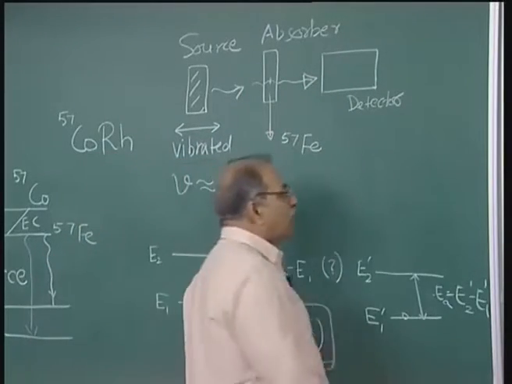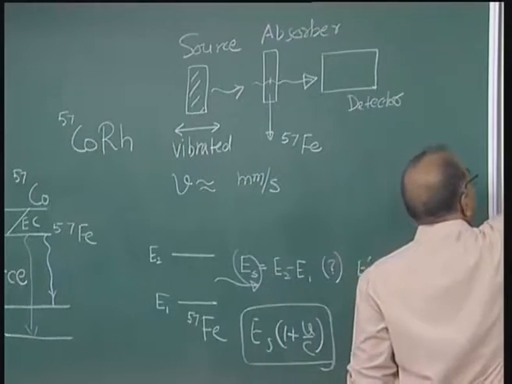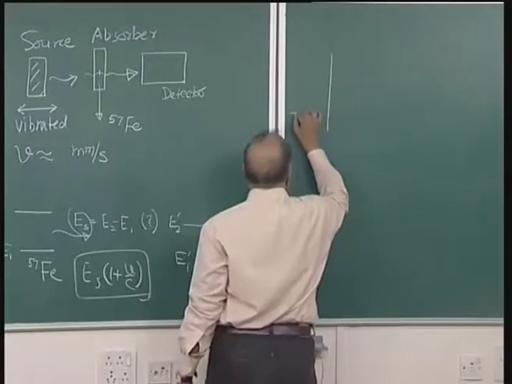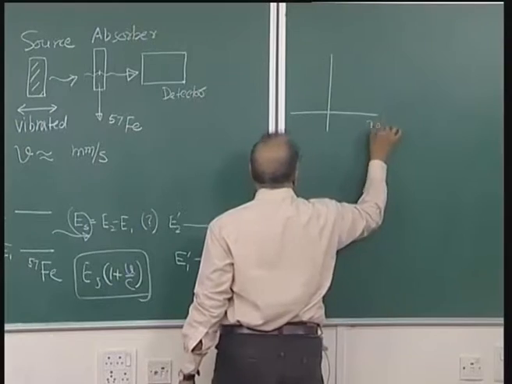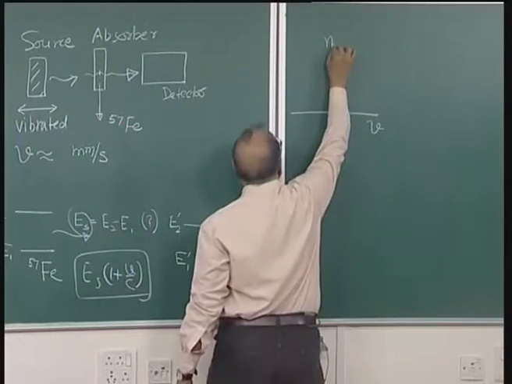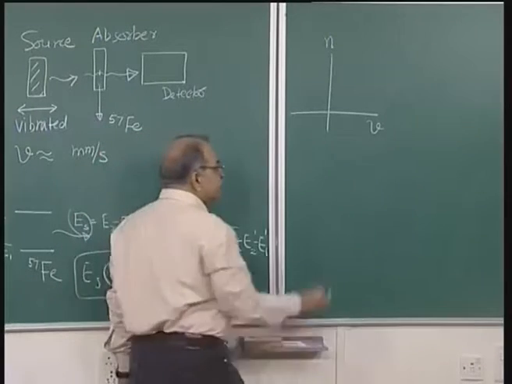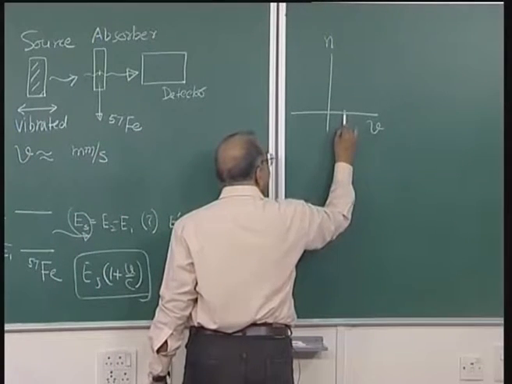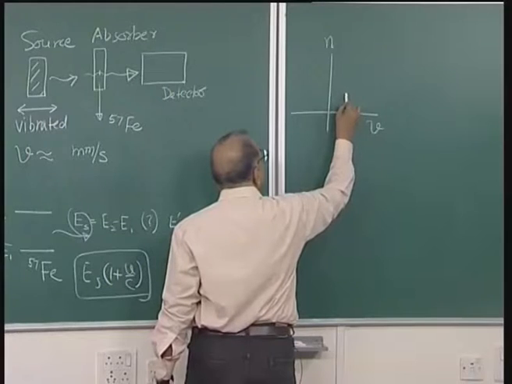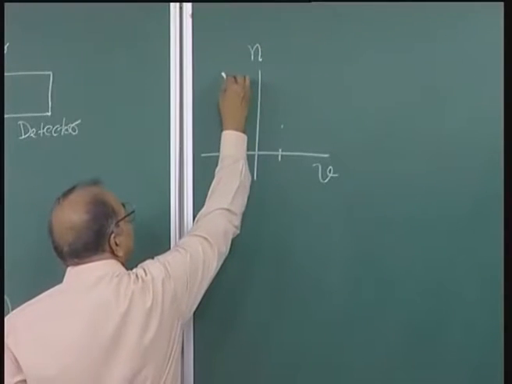So, if I plot, if this is the velocity and if this is the count as a function of velocity, what I will find is that at a certain velocity, all of a sudden my counts are less.